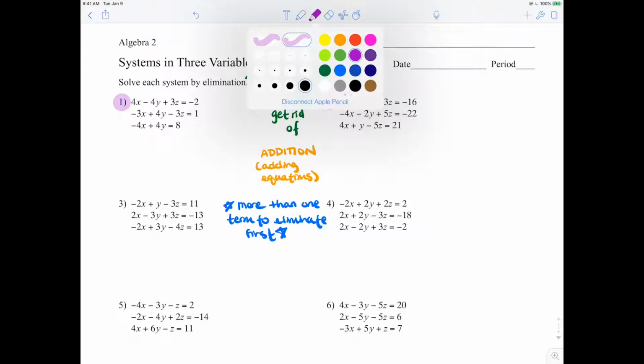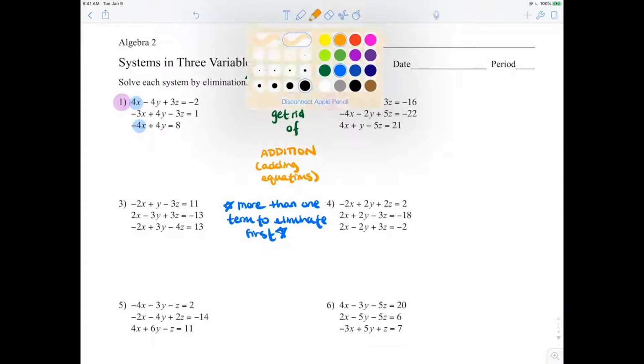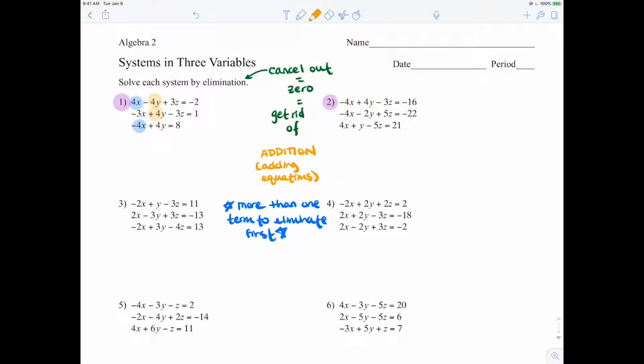I could add the first 2 equations together because I see the opposite coefficients in the first part, or I can add the second 2 equations because I see the opposite coefficients in this part, and that's what I'm going to go with because I want to do as much as I can as fast as I can.